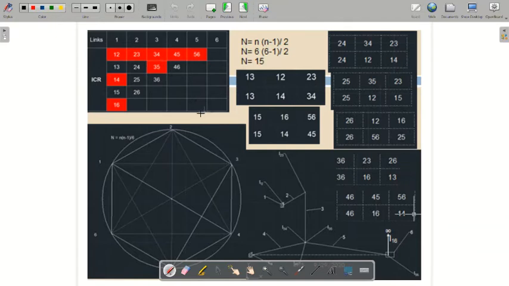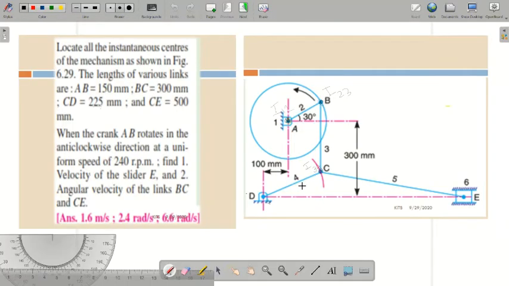Now next, connect 4 and 5. Where is 4 and 5? This is link 4. This is link 5. So this point should be the same point. Already we marked I 3 4, but the same point is I 4 5, because it is common to fourth and fifth link.